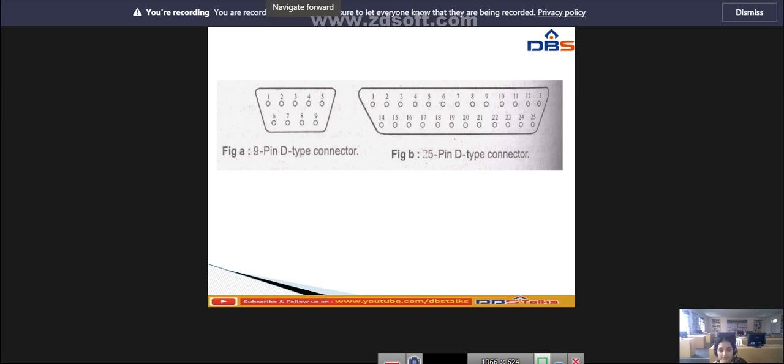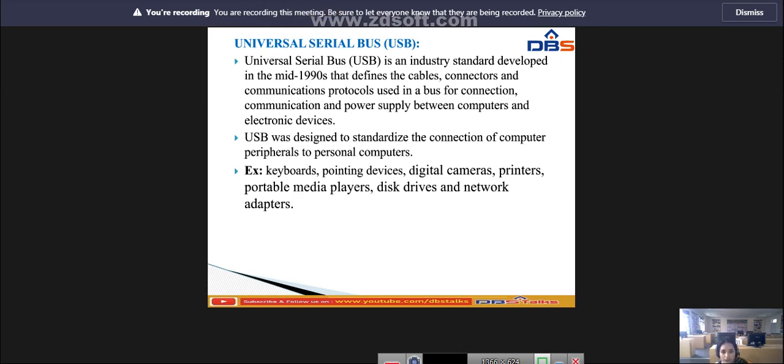Universal Serial Bus, USB, is an industry standard developed in the mid 1990s that defines the cables, connectors and communication protocols used in a bus for connection, communication and power supply between computers and electronic devices.